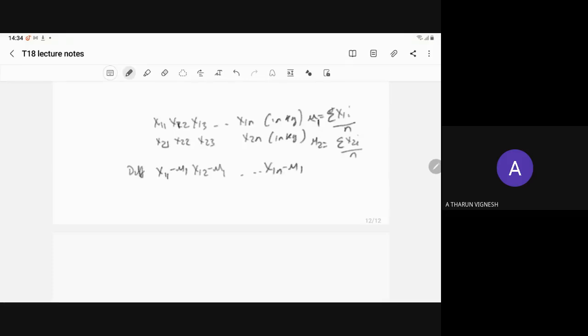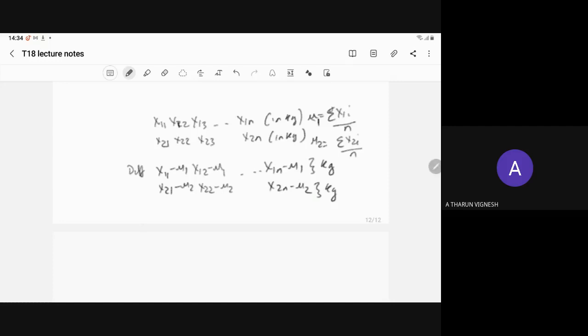So this difference is possible, and the unit of the difference is kg only. Similarly here we have x21 minus mu2, x22 minus mu2, x2n minus mu2. Again it is a difference, because the mean also has the same unit as x, so two quantities of the same unit can be subtracted.